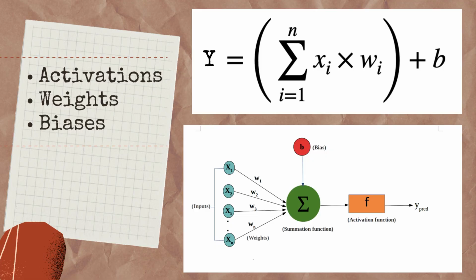And all of this can be represented by this formula. In this diagram, you can see all of the inputs on the left denoted by x1 through xn, and all of them have a weight as well, and they're all converging onto one neuron.